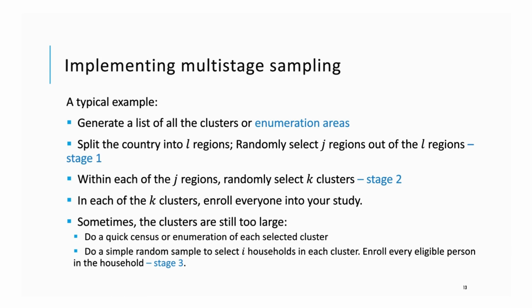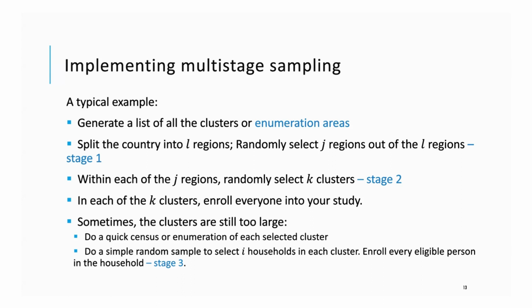So sometimes what we end up doing is to consider multiple stages. For instance, we might say, okay, the first thing is to look at all the states in the US. Let's randomly sample a minimal amount out of all the states in the US, that being our first stage of sampling.